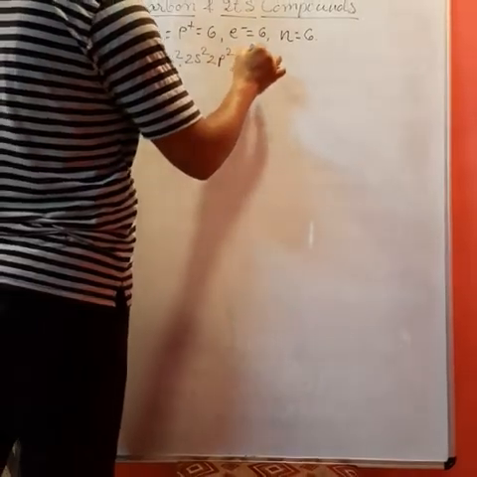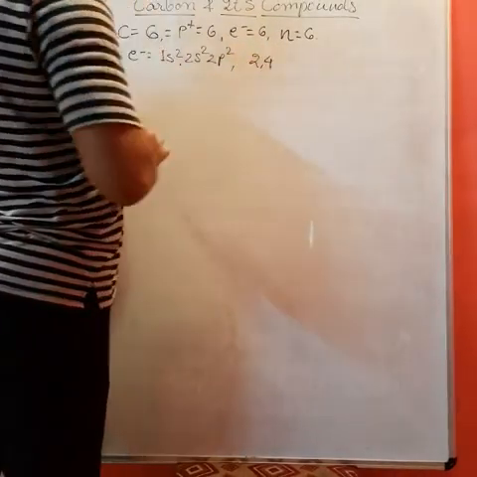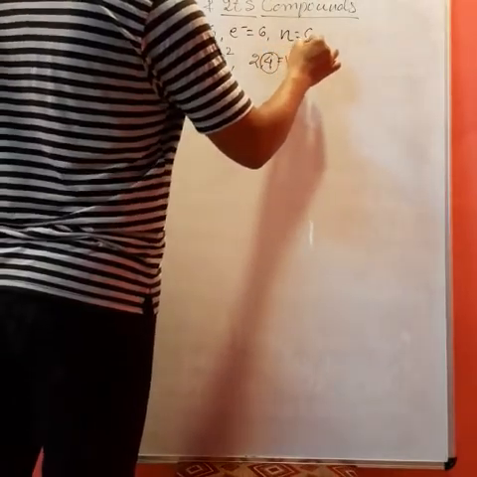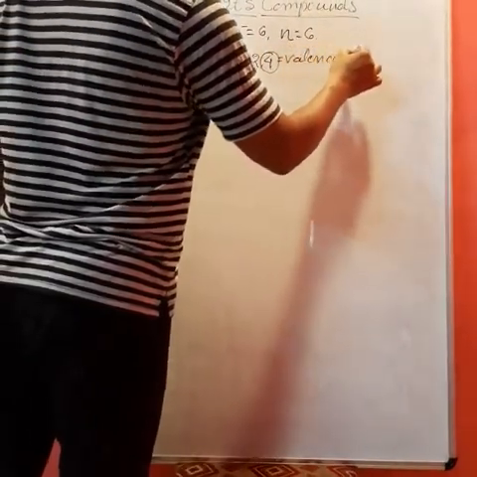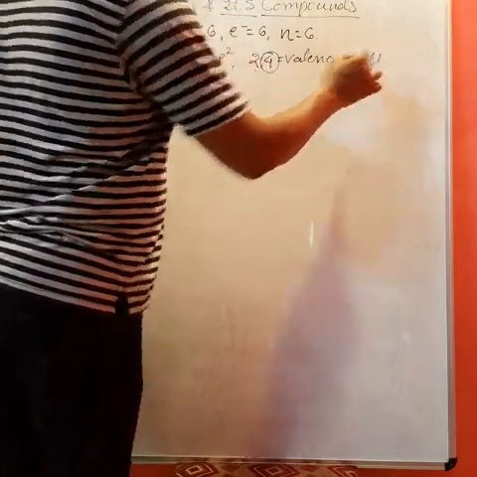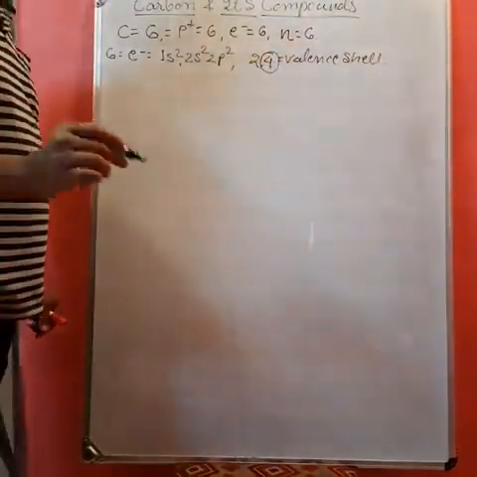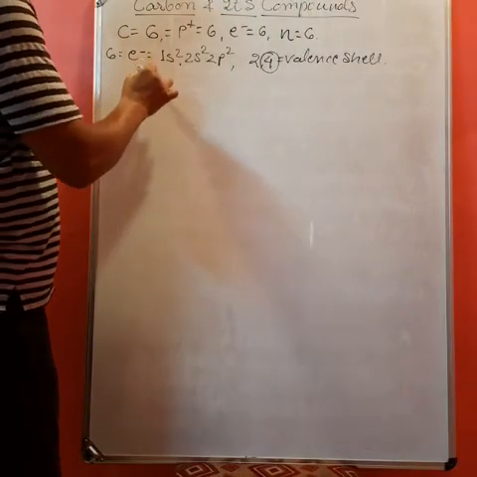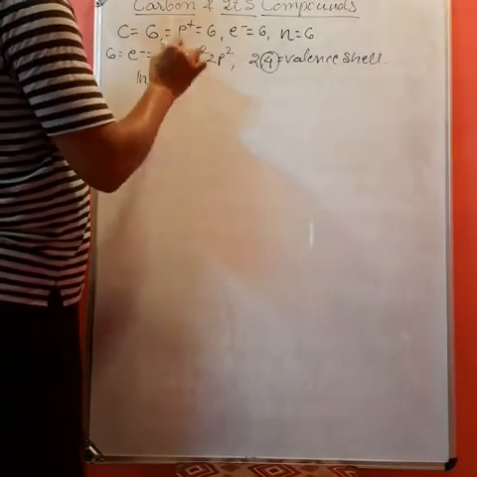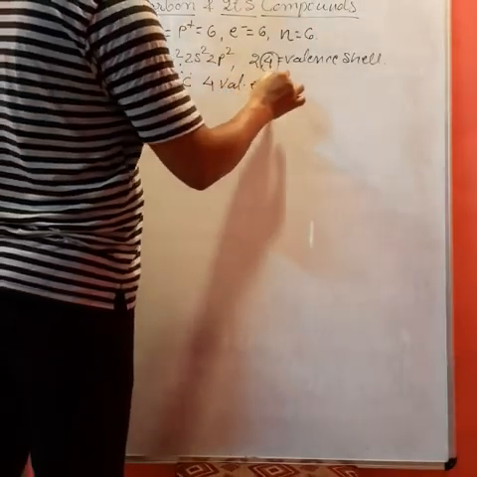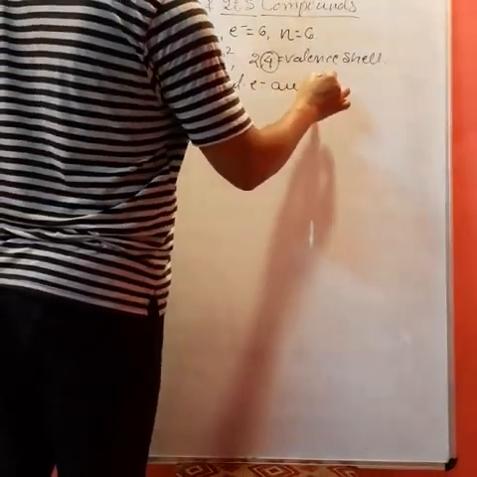Commonly we can write it as 2, 4. These 4 electrons present are known as the valence shell. So students, in carbon there are 4 valence electrons. In carbon, 4 valence electrons are present.